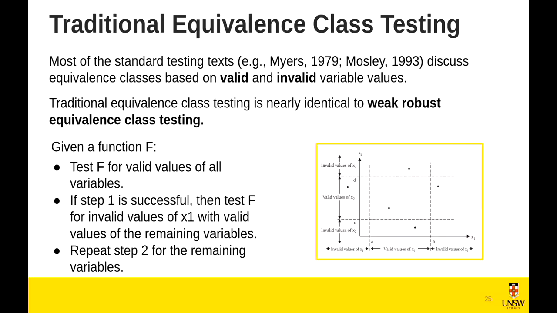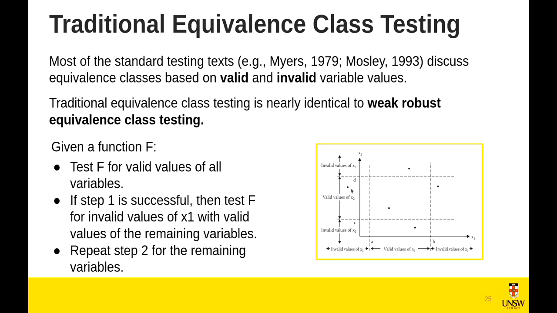And if we come to this x1 and x2 program, this is how traditional equivalence class testing looks like. As we can see here, in the middle is the input from the first step. So that is a valid value of all the variables. And then for x1, we can test whether it is below the lower boundary or above the upper boundary, and for x2, we do the same.